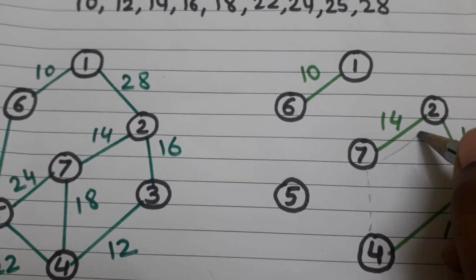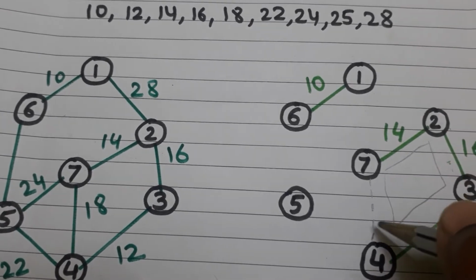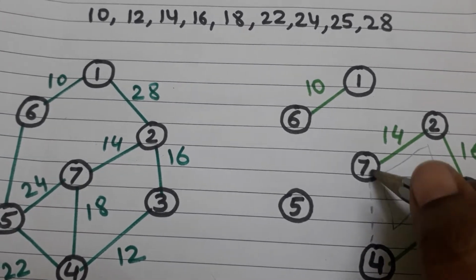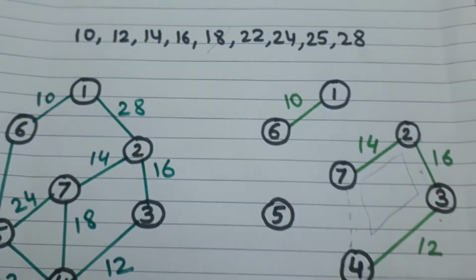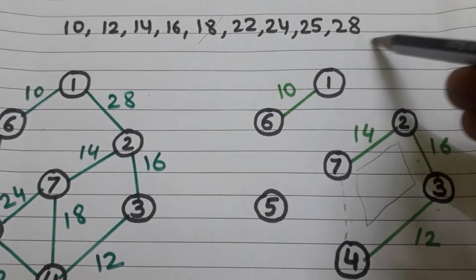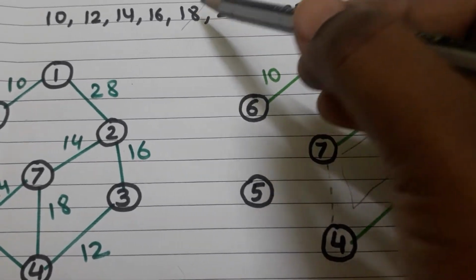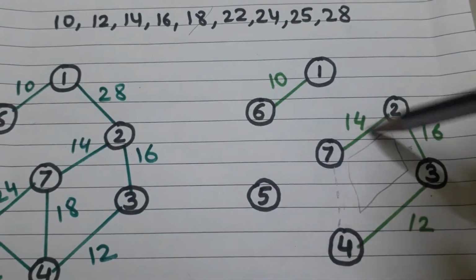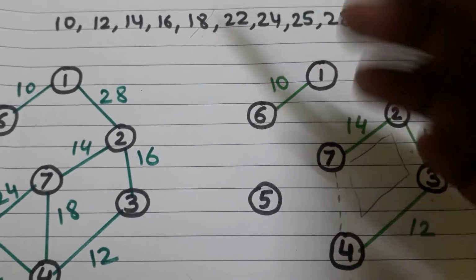So we could not draw this edge. We will cancel this edge 18, though it has less weight than 22 or the other weights, because it will create a loop. So we will not use this edge.